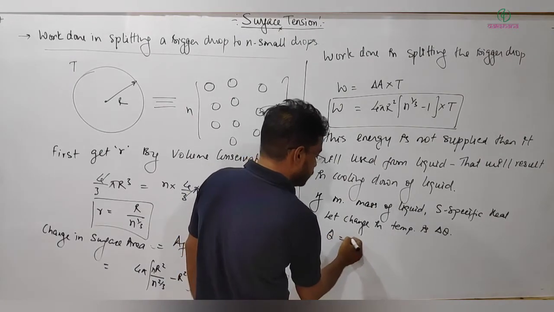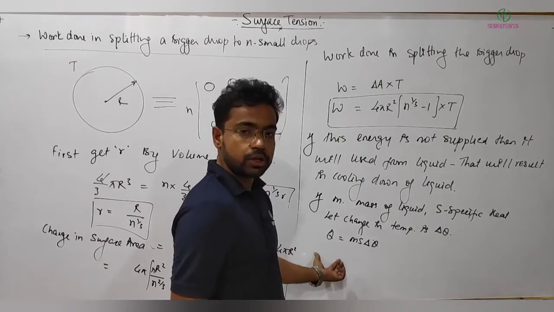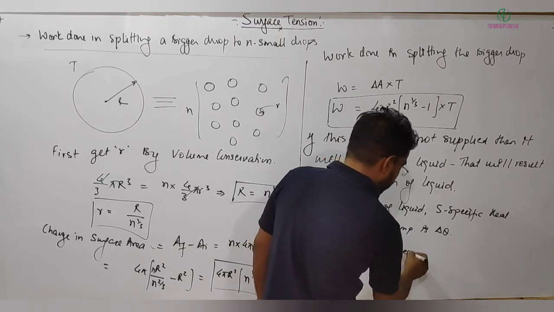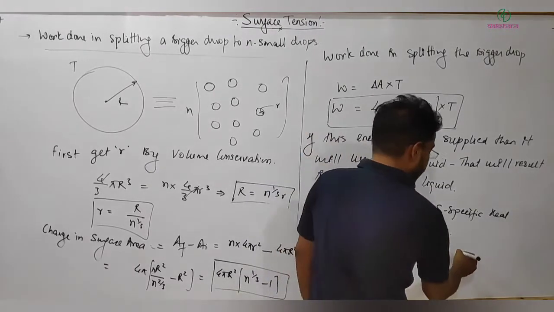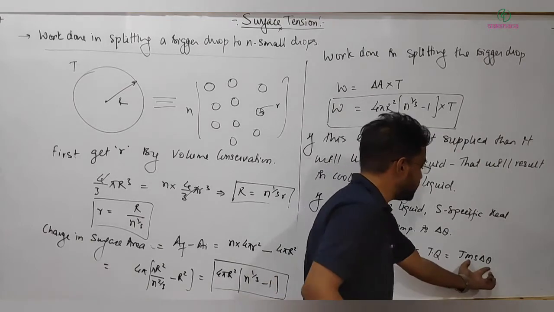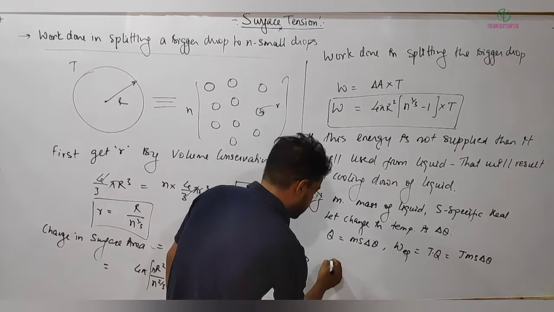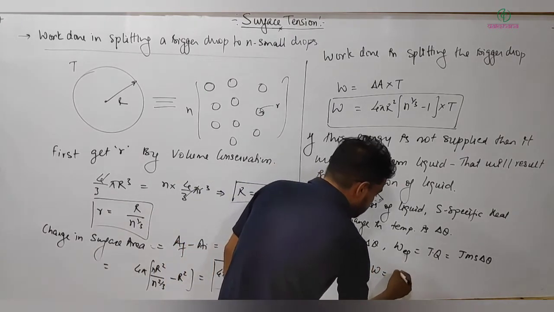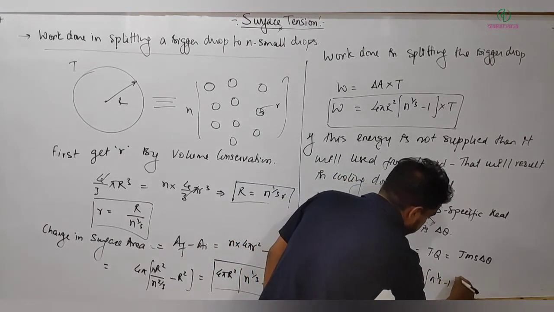Q is equal to m S delta theta, and the mechanical equivalent of this heat, W equivalent, will be equal to J multiplied by Q, where J is the mechanical equivalent of heat, and that comes out to be J m S delta theta. Now this quantity should be equal to this. So J m S delta theta must be equal to W, which is 4 pi r square into T n power 1 by 3 minus 1.